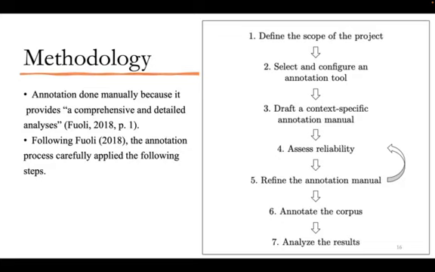We have drafted a context-specific annotation manual. The first stage of this was to review previous research, their appendices, and the examples they have used, and draft a manual or a model for our annotation. So a group of locutions and the subsystem they belong to.